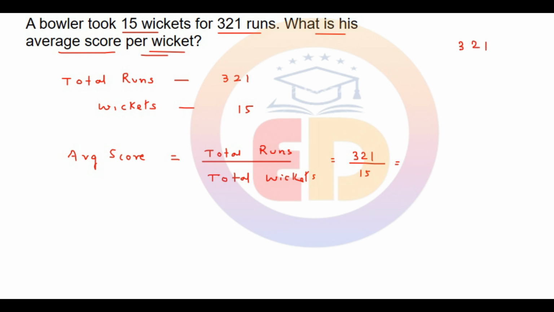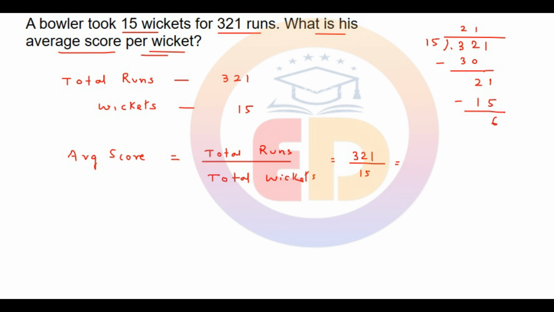321 divided by 15. I'll start: 15 twos are 30. Subtracting, I get 2. Take 1 down. 15 ones are 15. Subtraction will give me 6. Now 6 will not be divisible by 15, so I'll have to increase 6.